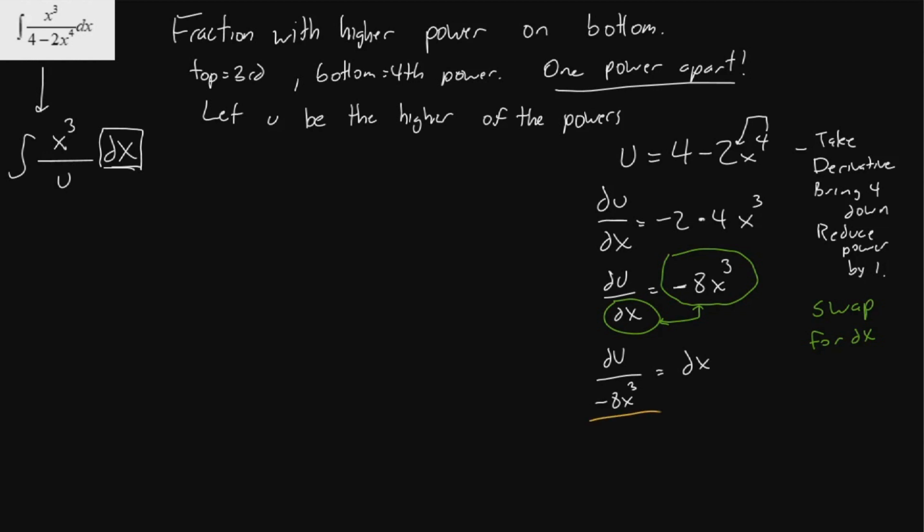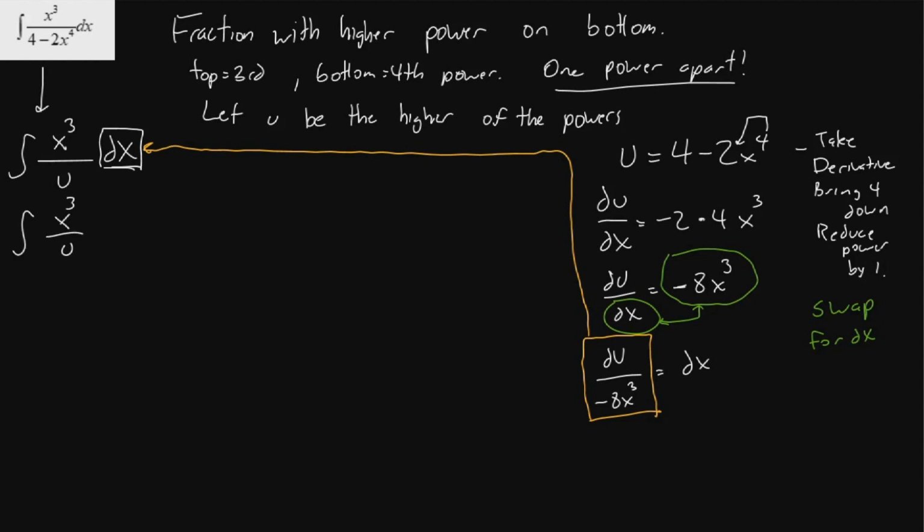Now I can replace the dx that's over here in my original integral with this fraction. Du over negative 8x to the 3rd will be placed in this position. And I'll have integral of x to the 3rd over u times du over negative 8 x to the 3rd.